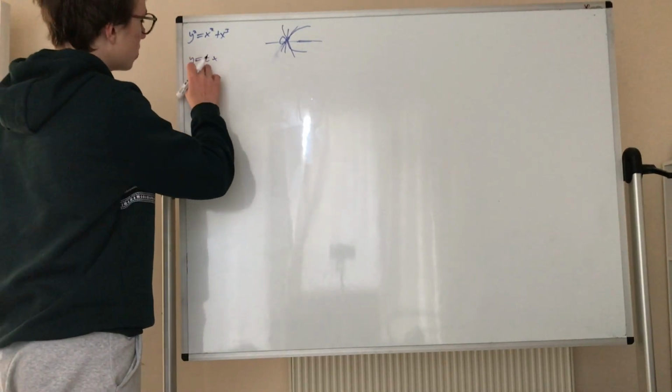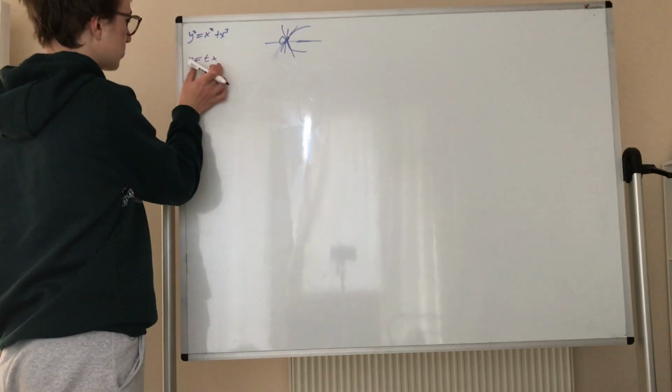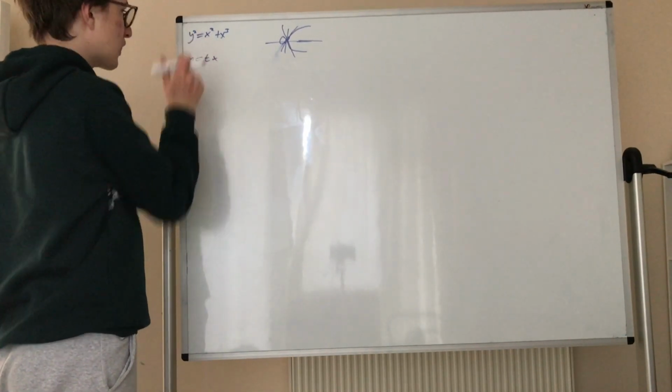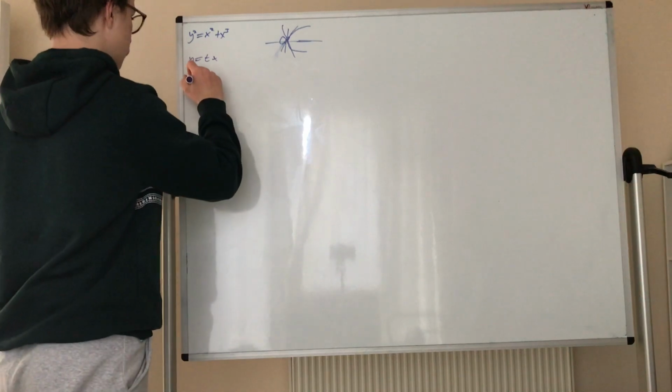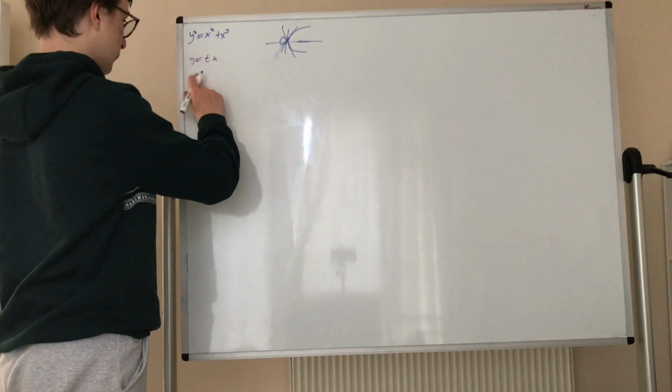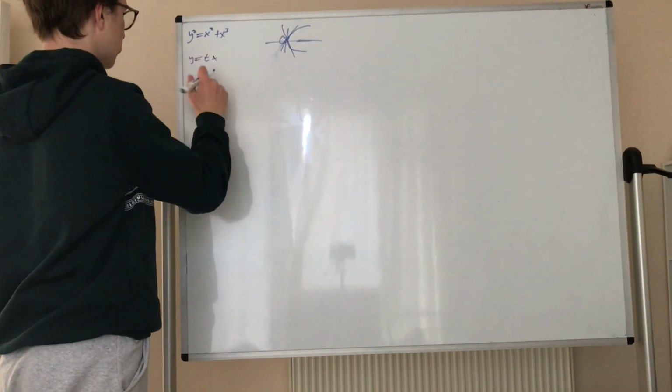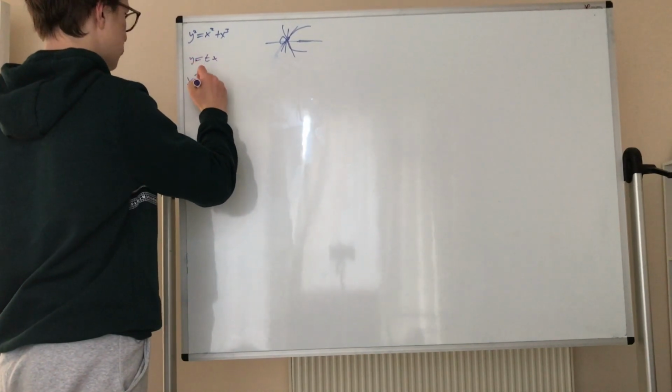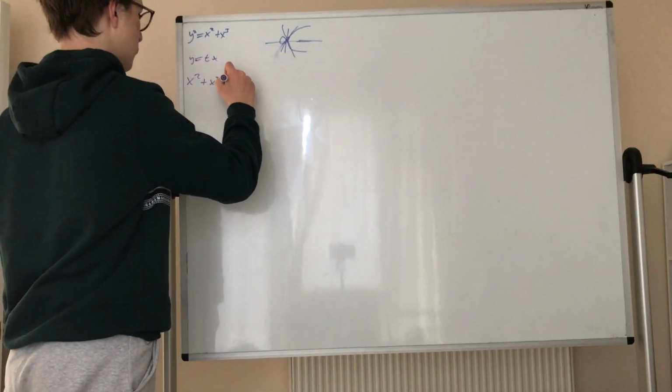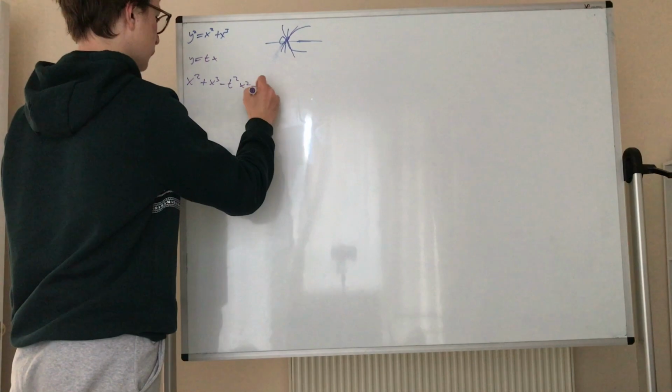Anyhow, y equals tx. Let's plug that in, shall we? Then we get t squared x squared. Let's move everything to one side. We get x squared plus x cubed minus t squared x squared is equal to 0.